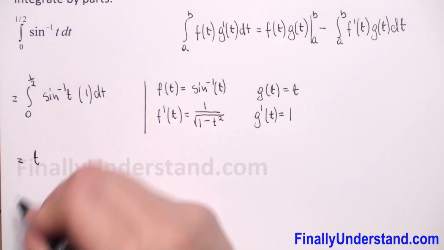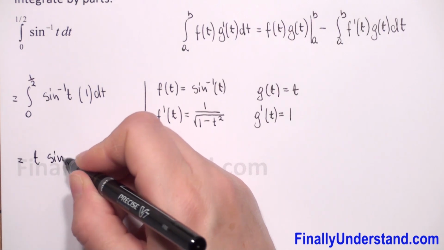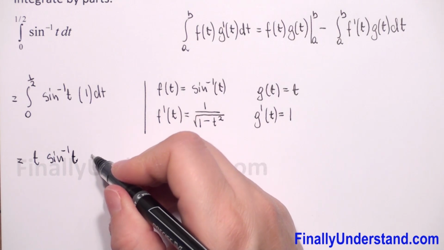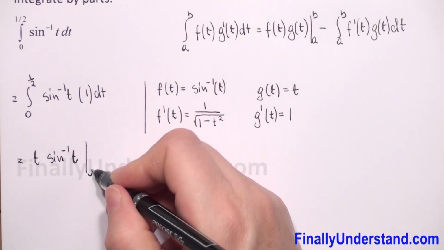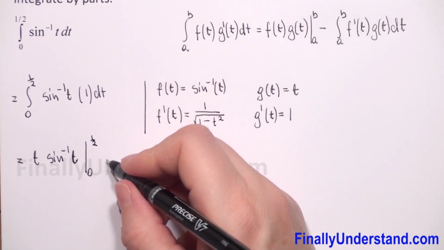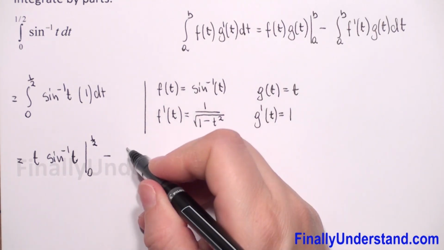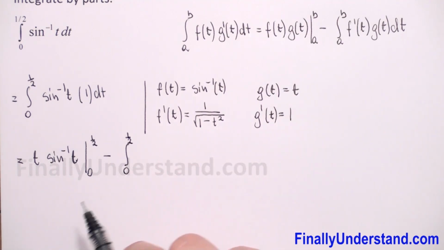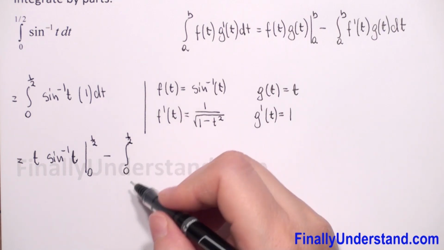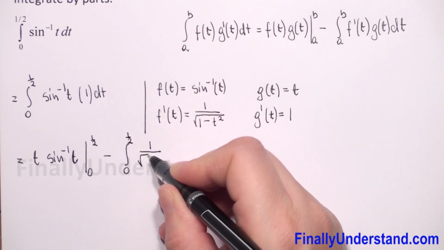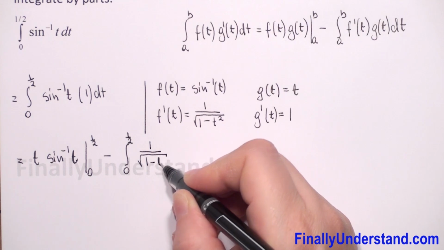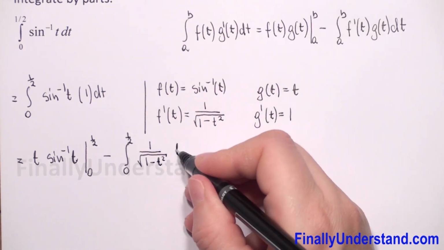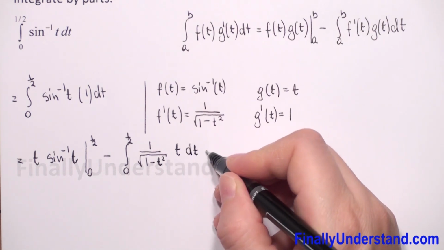So we have t times inverse sine of t, and we have limits from 0 to 1/2, minus, now we have the definite integral from 0 to 1/2 of f prime, which is equal to 1 over square root of 1 minus t square, times g, which is equal to t, with respect to t. So this is equal.